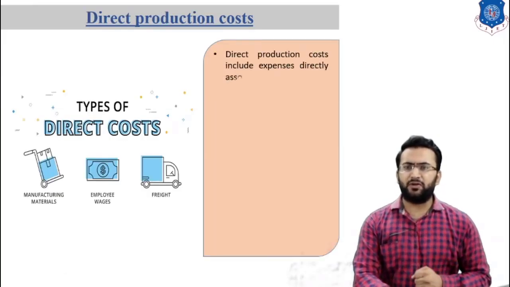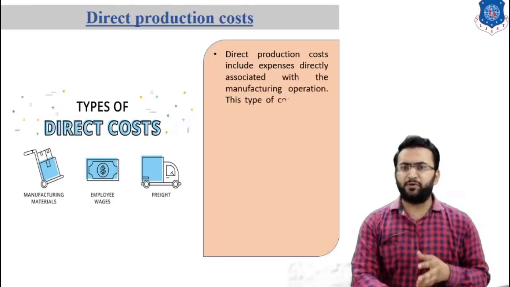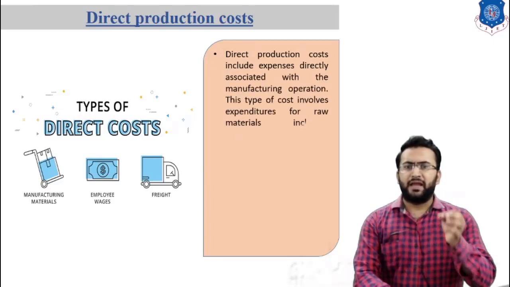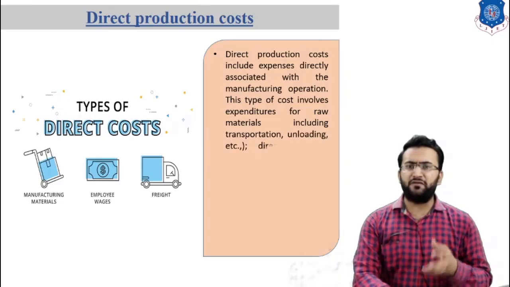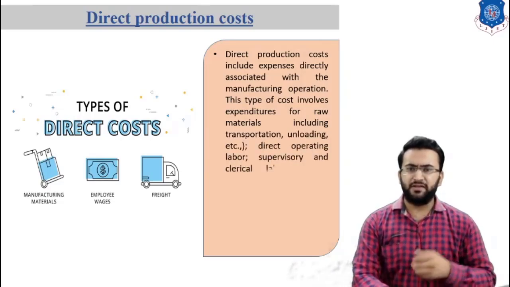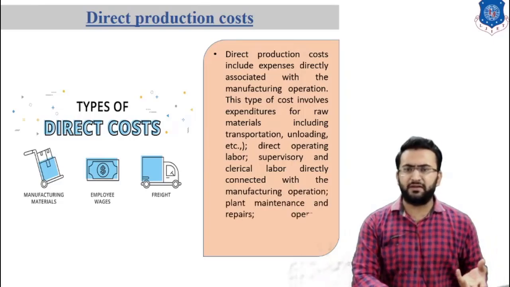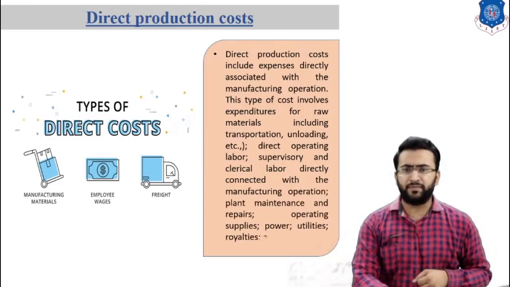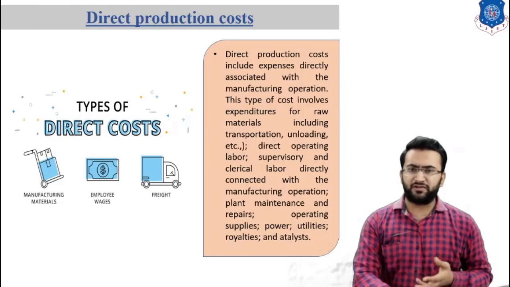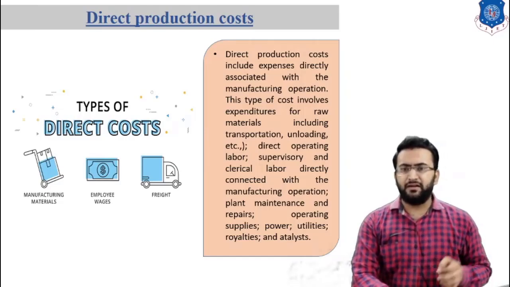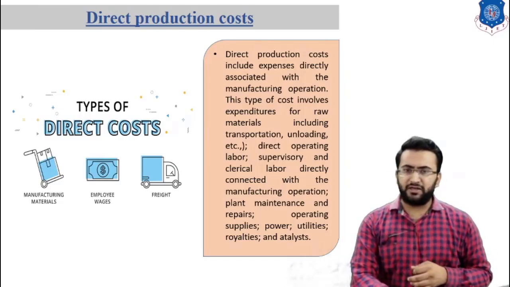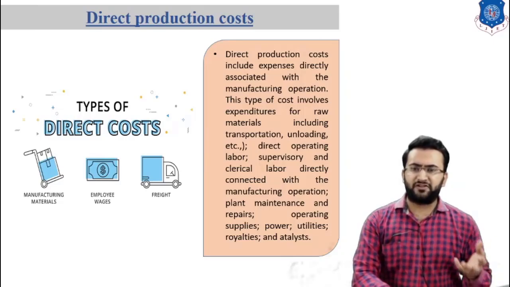So let's talk about the direct production cost. Direct production cost includes expenses directly associated with the manufacturing operation, such as the cost of raw material, including transportation and unloading of raw material, direct operating labor cost, and supervisory and clerical labor directly connected with the manufacturing operation.